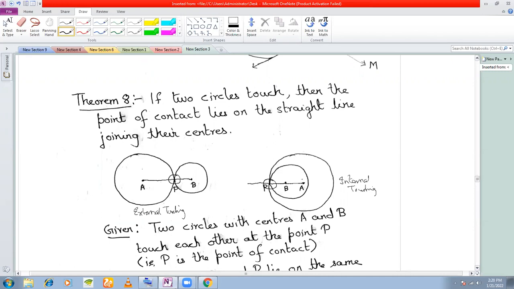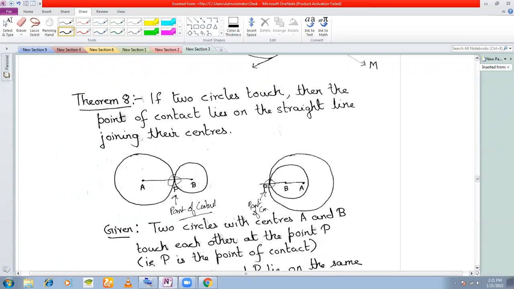It is not possible that you draw a straight line like this and it does not pass through P. This straight line will necessarily pass through the point of contact, always. So whenever you have two circles that touch each other, whether internally or externally, the line joining the centers will always pass through the point of contact.